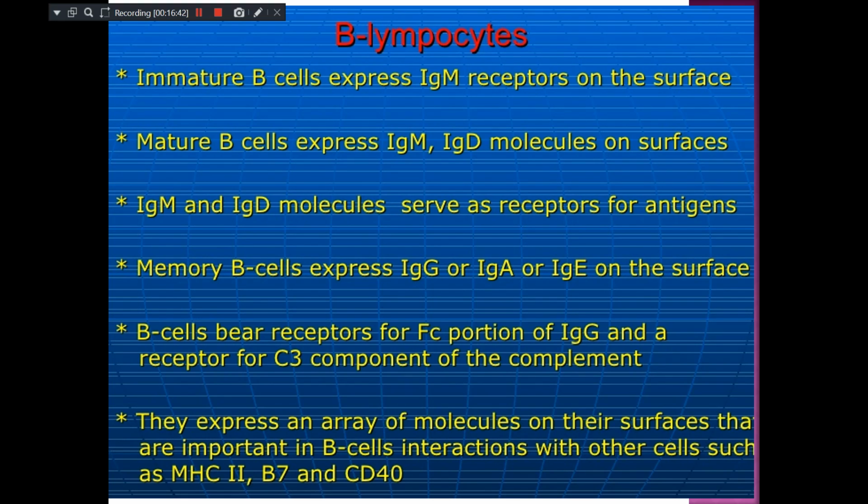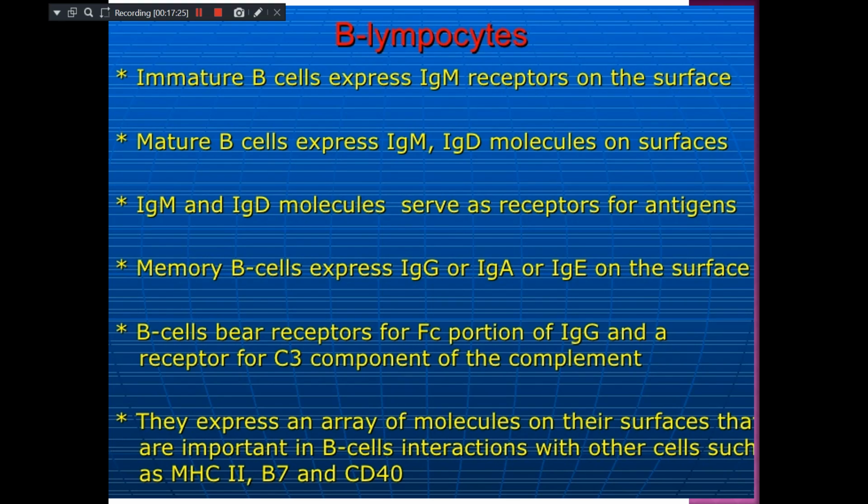The B cell receptors have the Fc portion on immunoglobulin G and a receptor for the C3 component, the complement. So these B cells have immunoglobulin M and D, an Fc portion of Ig, and a receptor for the C3 component. Usually they express an array of molecules on the surface that are important in B cell interaction with other cells.